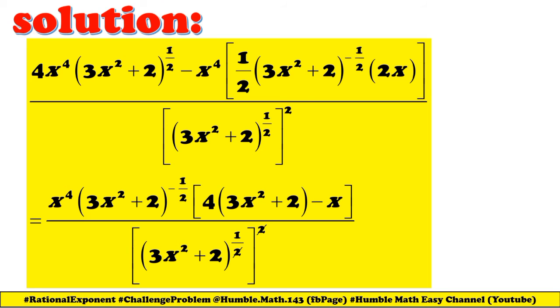So in this given example, all we have to do first is look for the things that can be simplified easily. For example, here we have x to the 4 and x to the 4.